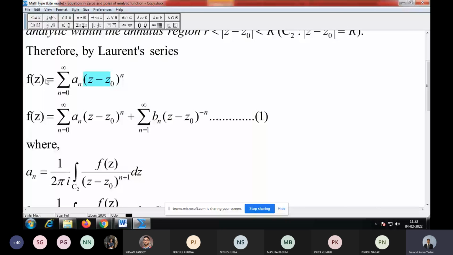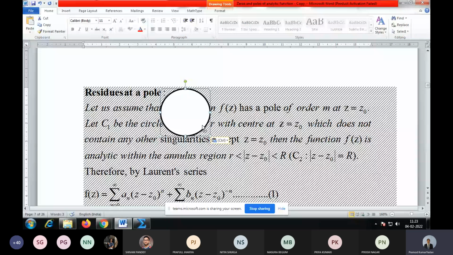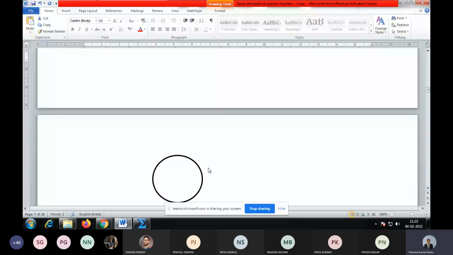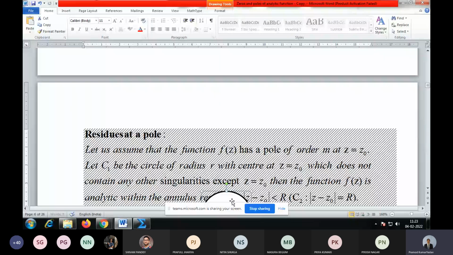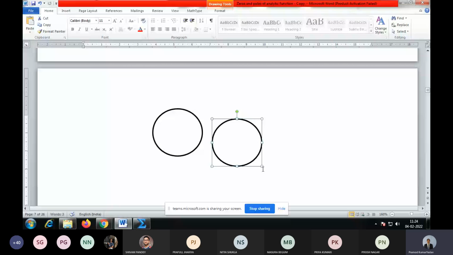But if a function f(z) is analytic, like this one, here this is one circle, this is another circle.